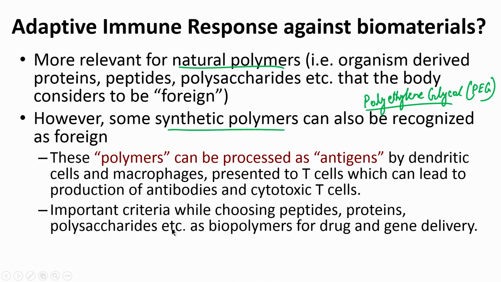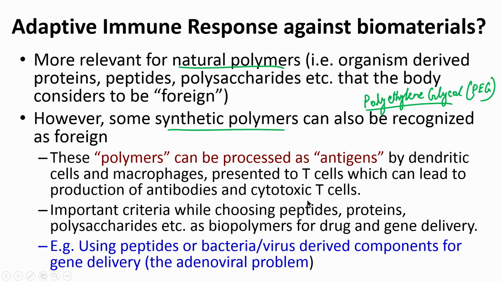So this is an important criterion while choosing peptides, proteins and polysaccharides for your biopolymers. So if you know that a certain polymer has a history of generation of this, then you may want to avoid that for any kind of drug and gene delivery or any kind of delivery that you are looking at. So here is an example of an adenoviral problem.